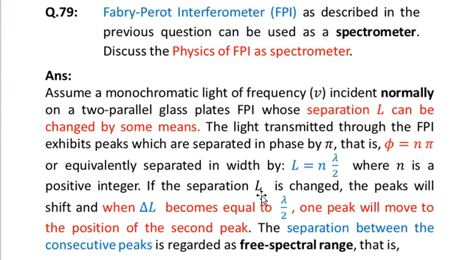If the separation capital L is changed, the peaks will shift, and when delta L becomes equal to lambda by 2, one peak will move to the position of the second peak. So here I am suggesting that if you change the separation between the two glass plates by an amount delta L, and this delta L is equal to lambda by 2, one peak will move to the position of the second peak.